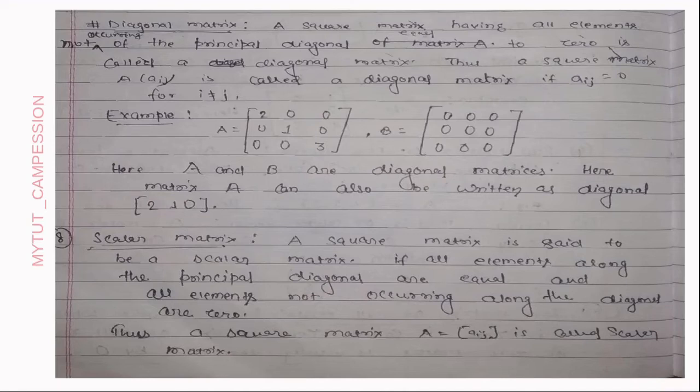Okay, a square matrix Aij is called a scalar matrix.